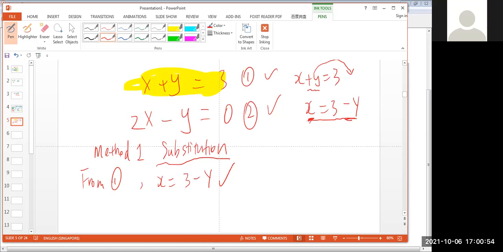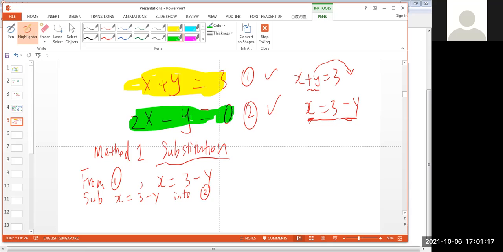Once you get this, then the question is super easy already. Second step, sub x equals 3 minus y into 2. Equation 2 is this one: 2x minus y equals 0.